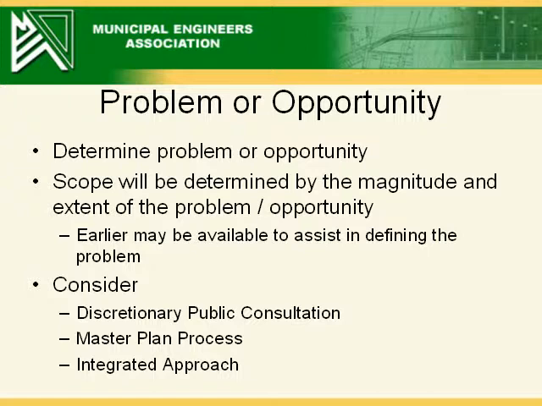For projects which are expected to generate considerable public interest or controversy, the proponent may find it advantageous to introduce a discretionary point of consultation and commence the public consultation process during Phase 1. Prior to commencing the study, or during the course of defining the problem or opportunity, it may become apparent that a master plan approach is appropriate or coordination with the Planning Act is beneficial.